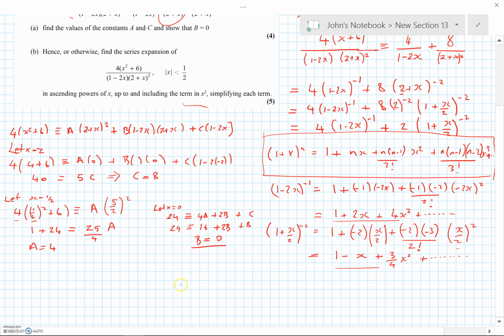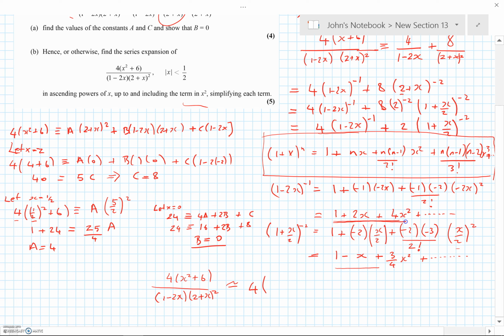Right, so finally we can just come up with the binomial expansion for the whole thing. So (4x squared plus 6) over (1 minus 2x)(2 plus x) squared is approximately equal to, as we're going back to this now, 4 times our expansion for 1 minus 2x.